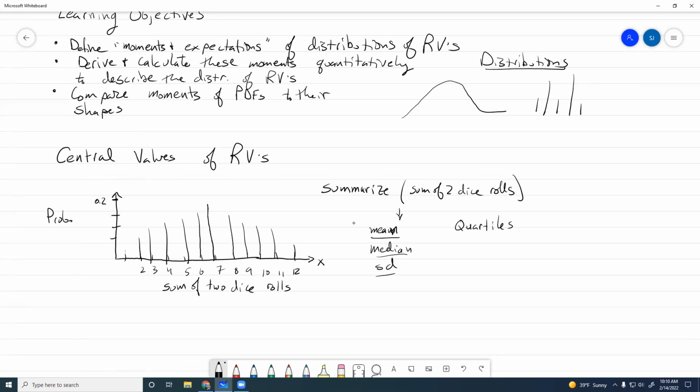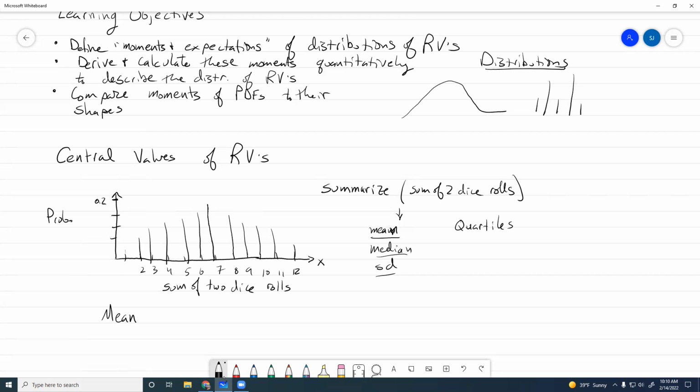So a central value could be a mean, or a median. That would say, okay, well, on average, we expect to roll what? A 7, right? And that's just because this is symmetrical. The mean wouldn't necessarily lie in the middle if this wasn't a symmetrical distribution. We'll look at that in a second.